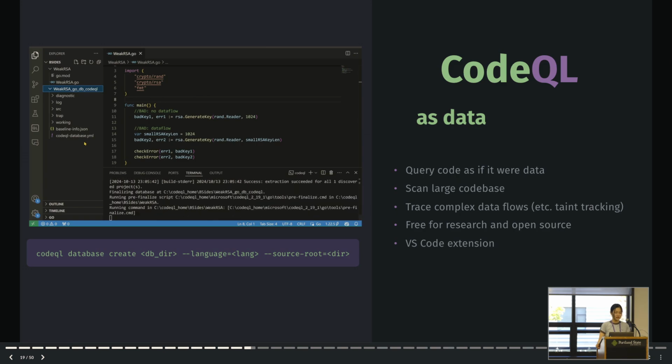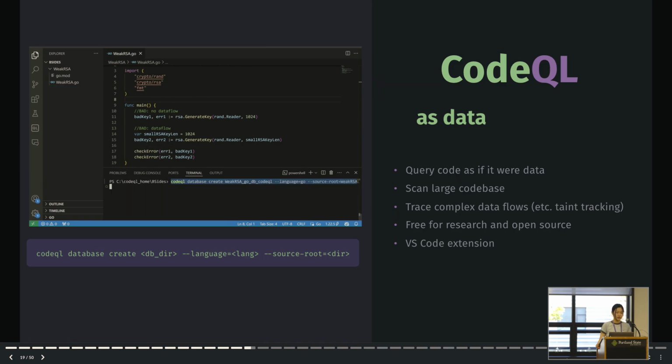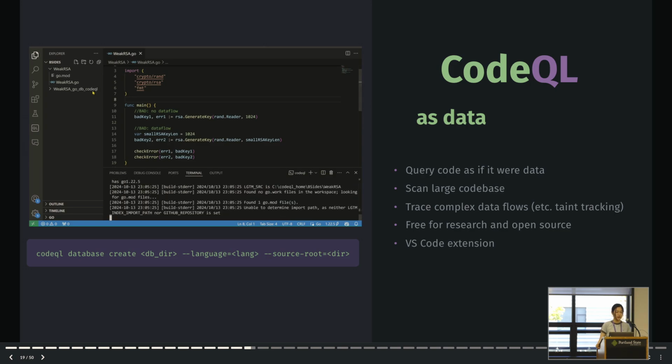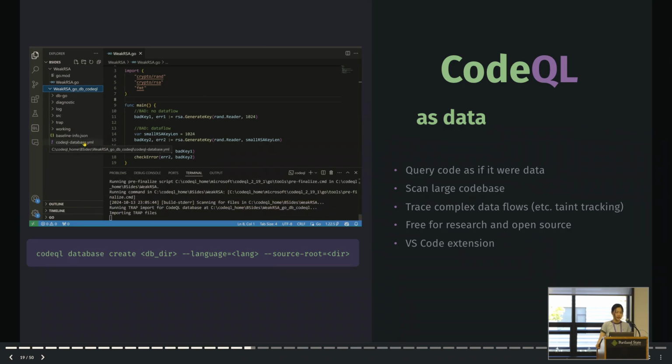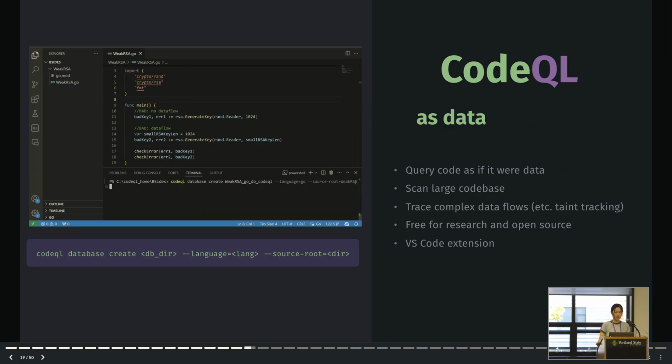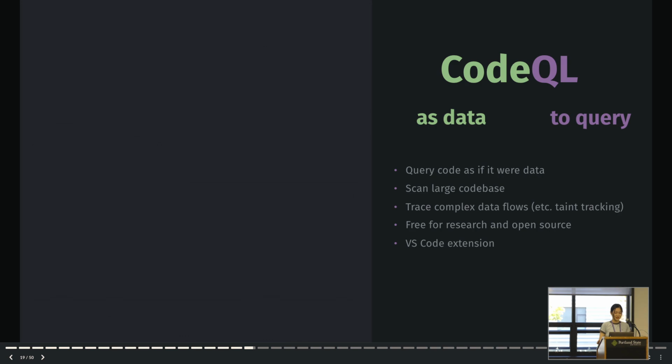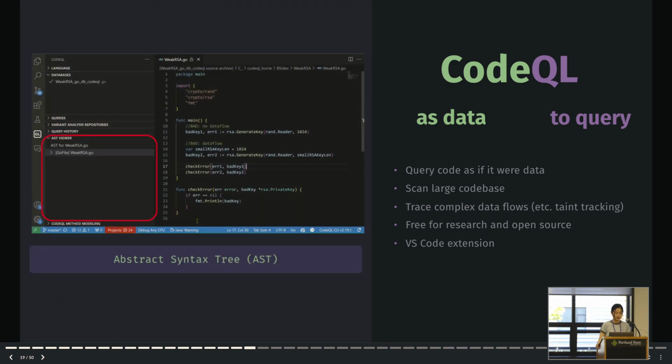CodeQL CLI extracts relational data from the source code to create a CodeQL database that has the information on how the code is structured. It represents functions, variables, and data flows as queryable data points. So code plus QL lets you query code as if it were data. In the next video, you can see how this database is used when writing CodeQL queries.